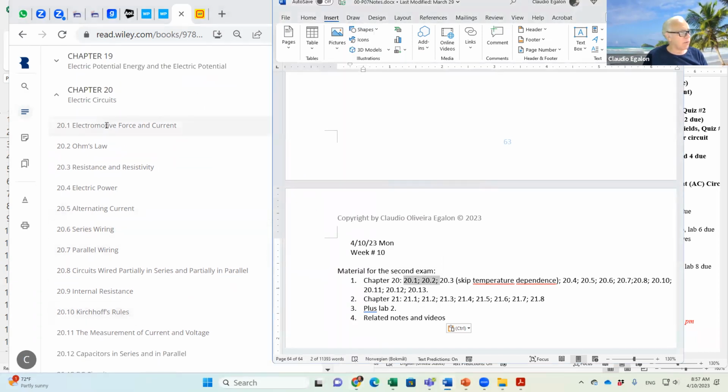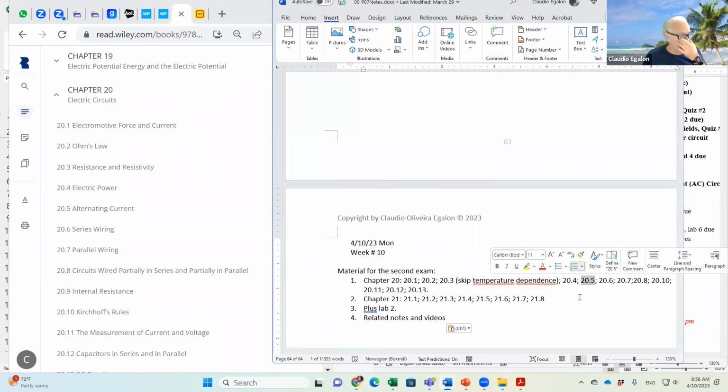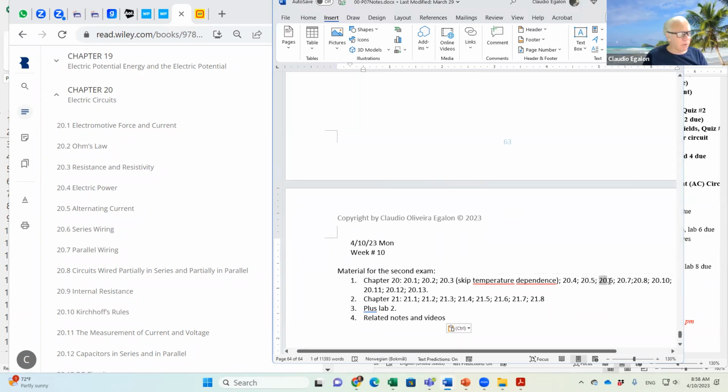20.1, electromotive force and current. That's what 20.1 is all about. Ohm's law, 20.2, resistance and resistivity, skip temperature dependence, 20.4 electric power, 20.5 alternating current just with a resistor. Later on, we're going to see other devices connected to a circuit as an alternating current. 20.6 series wiring, resistors connected in series, right?